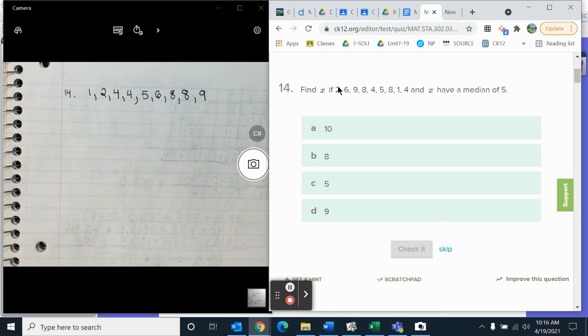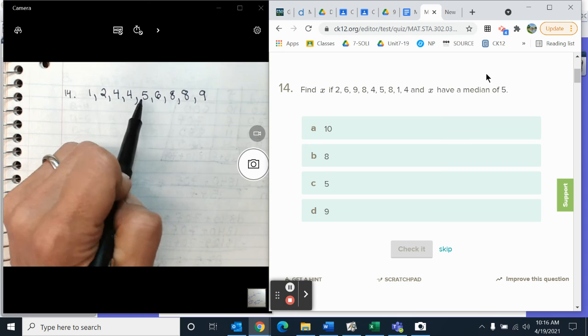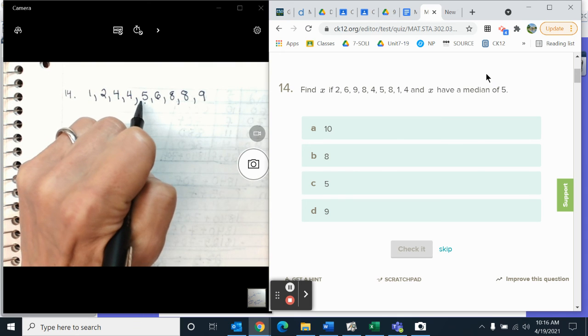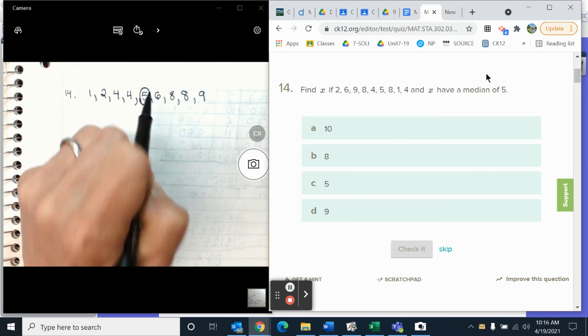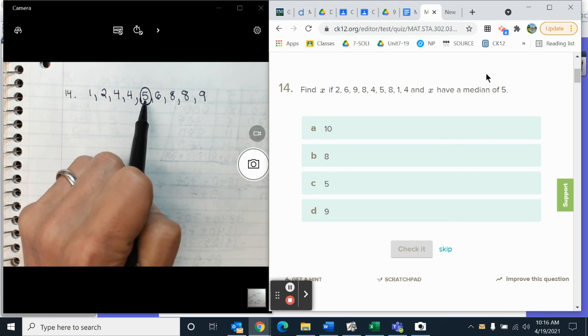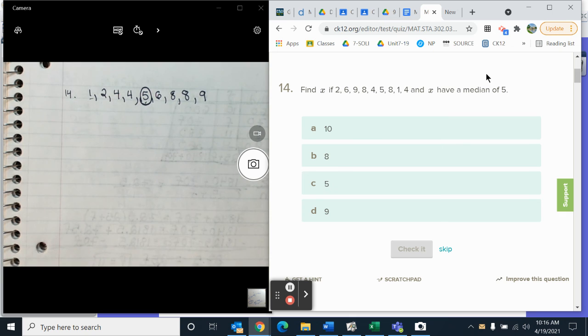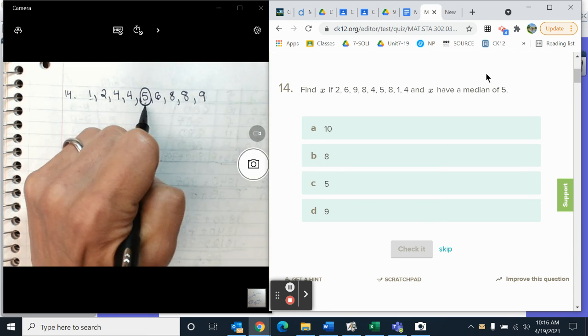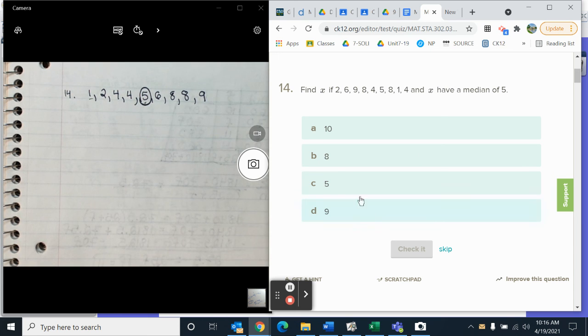If the median is 5, notice right now we have a median of 5. So that value of x, to maintain a median of 5, would also have to be 5.